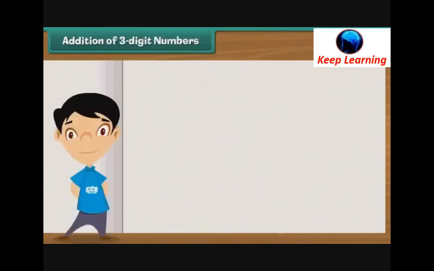Addition of 3-digit numbers. Let us now see how we can simplify the addition of numbers with 3 or more digits. Let us try and add 171, 512 and 405. To simplify the addition, we proceed according to place values.